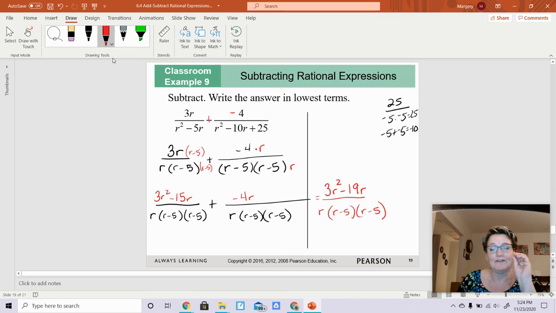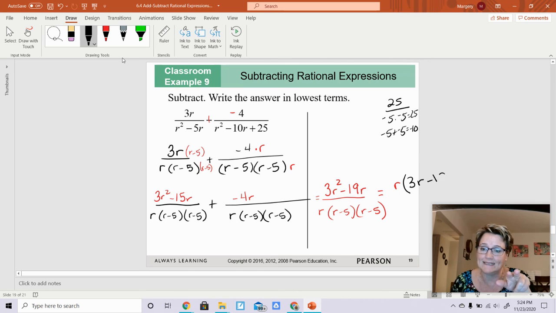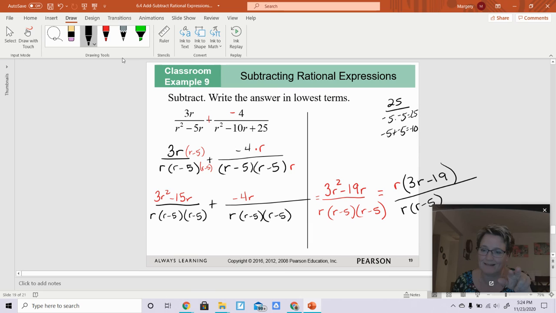Now, if you can factor it, you must factor it. They both share an r, so I'm going to take that out. Whoops, don't know why I put an equal sign in there. All right, here we go. So they both share an r, so I get 3r minus 19 over r, and then once again I will cheat a little and just say r minus 5 squared, because I have two of them.